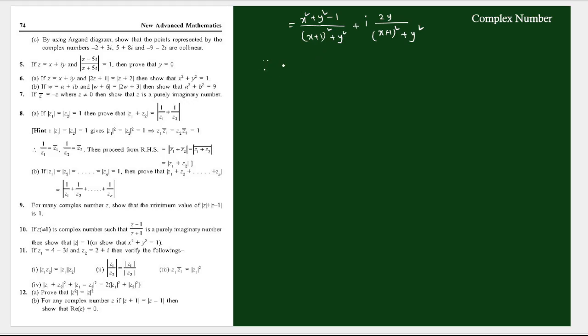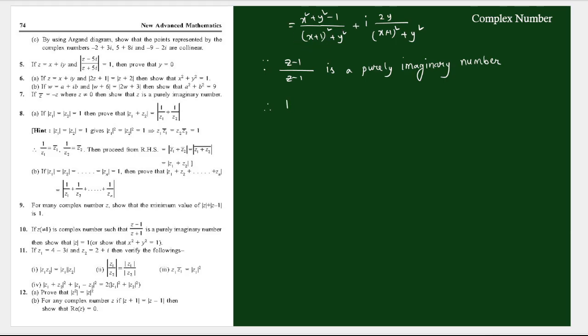In the given, it is said that z minus 1 over z plus 1 is a purely imaginary number. We need to show that modulus of z is 1. So if this is purely imaginary, then the real part becomes 0.